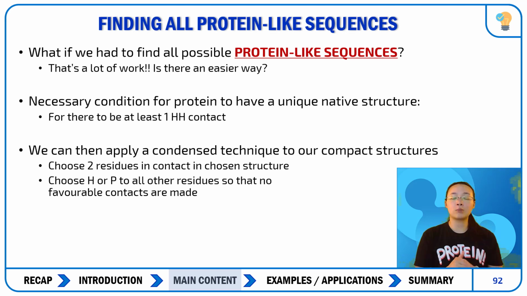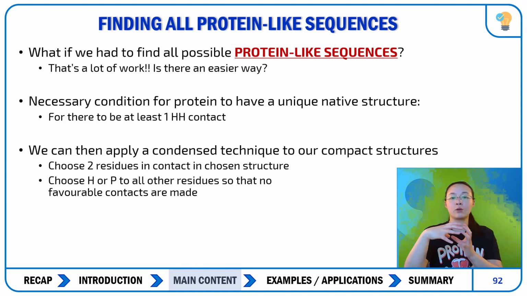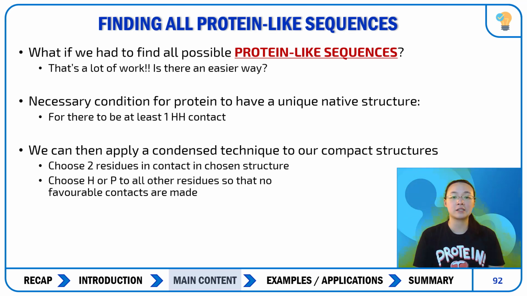So keep in mind there could be more than one answer, but the common thing to look out for is that there has to be a unique native structure, and that there should be at least one preferred hydrophobic contact, because it means that at least one of the contacts is favorable and you're trying to create a hydrophobic core at the center of your sequence.